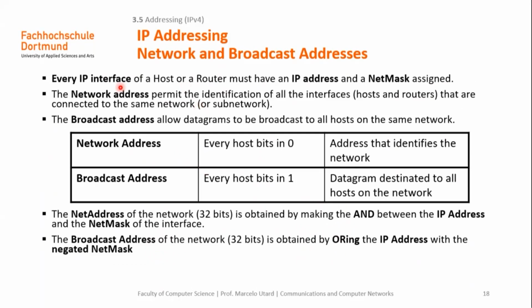And then every IP interface of a host or a router must have an IP address and a netmask assigned. This is a very important concept that you need to remember.